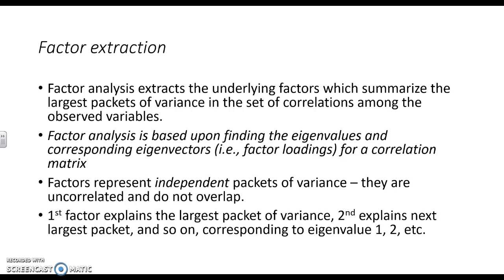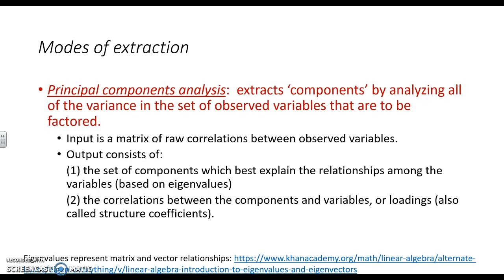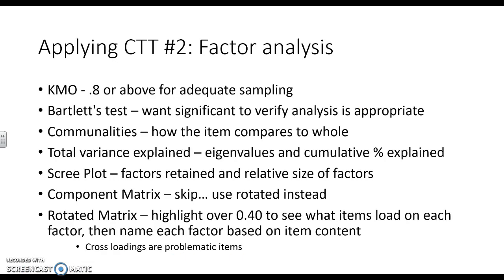The first factor, the first eigenvalue, is going to explain the largest packet of variance. The second is the next largest, and so on. And we're doing this with principal component analysis. This is the tool in SPSS that we're going to be using to pull out these different extracted variance factors.